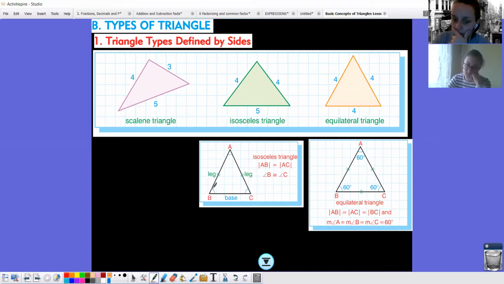And the angles, look, we have 2 legs and a base, and the base angles here are the same in an isosceles triangle. This is an important property not to forget. So we have 2 sides and 2 angles that are the same in the isosceles triangle. It's clear?